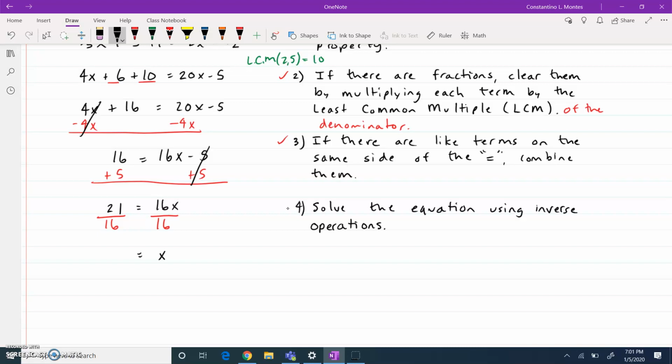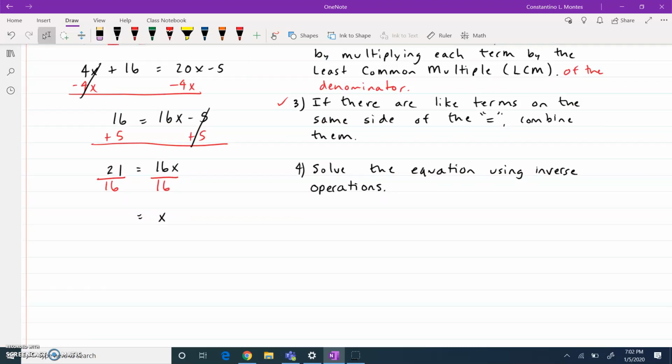But when students solve an equation that doesn't have an integer solution and they get some sort of fraction, it freaks them out and makes them think they didn't do the problem correctly, which they may have done so. In this case, we ended up with a fraction. I don't think we can reduce that, so I'm just going to leave it as 21 over 16. Now we're done. The only thing we don't know is whether our answer is correct or not.